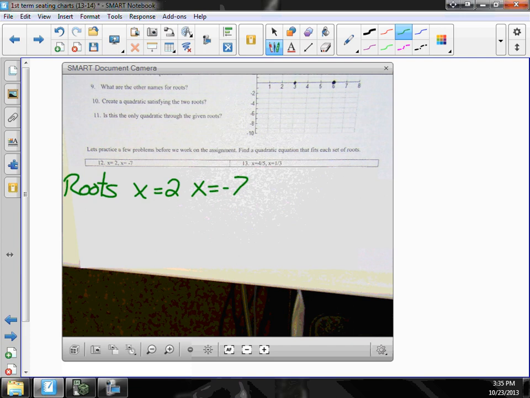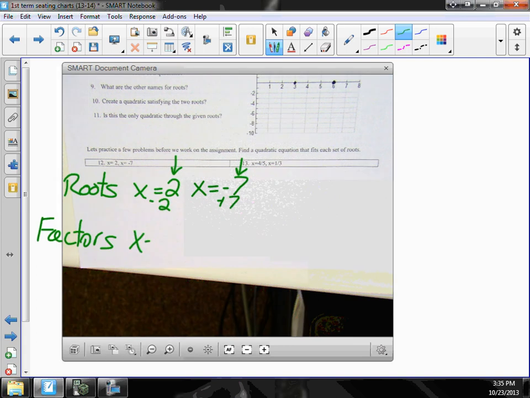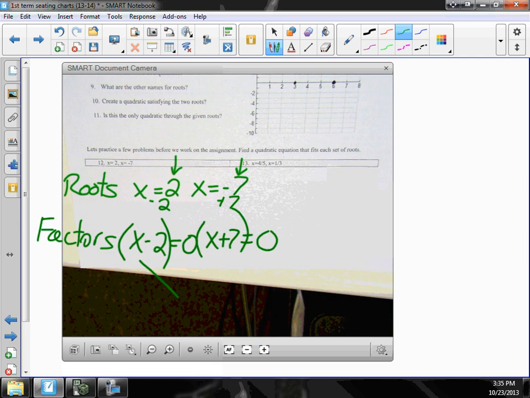Then I need to create the factors. And the factors are made by setting both of those equal to 0. So here I'll subtract 2, and there I'll add 7. X minus 2 equals 0. X plus 7 equals 0. And then I take the two factors, and I multiply them together.